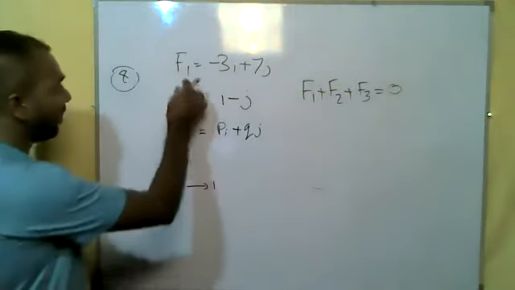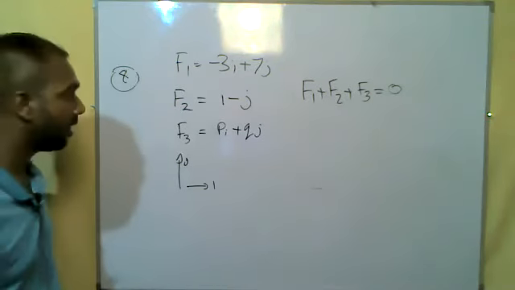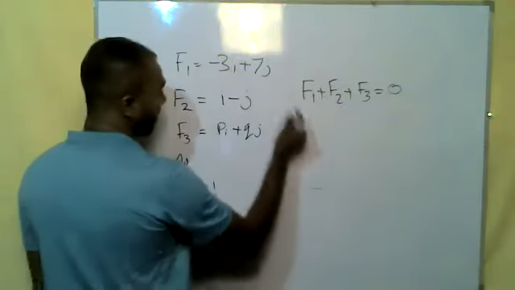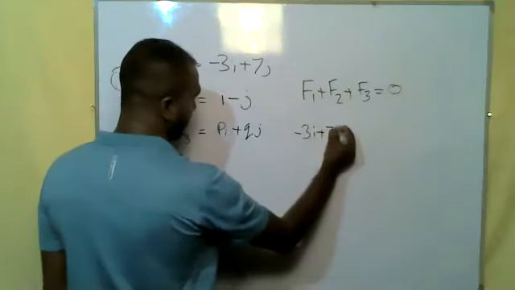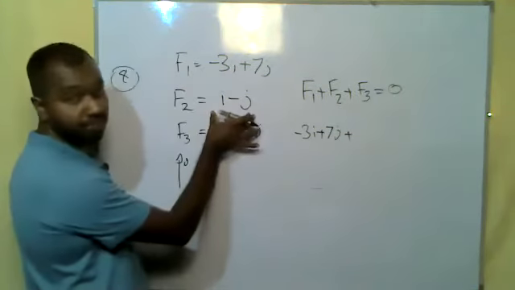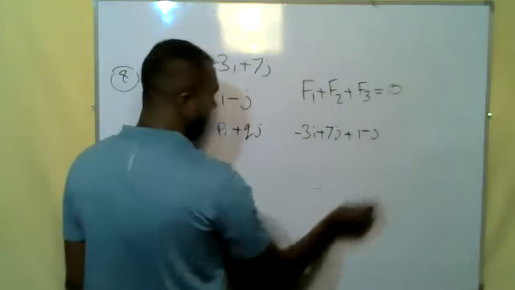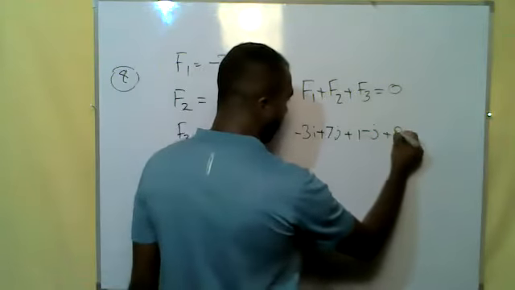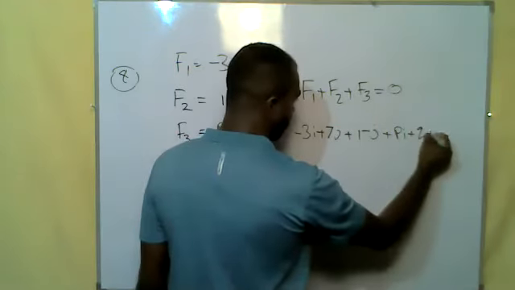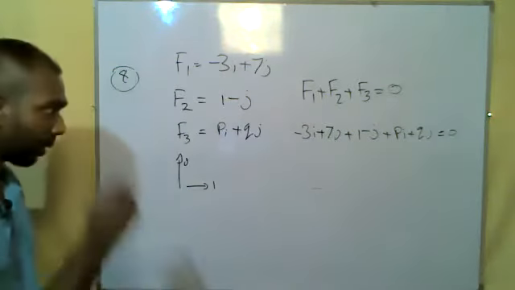Now what can we do? Now we can add these three. In the place of force 1, I can write minus 3i plus 7j. In the place of force 2, I can write i minus j. In the place of force 3, I can write Pi plus Qj. The resultant should be equal to 0.